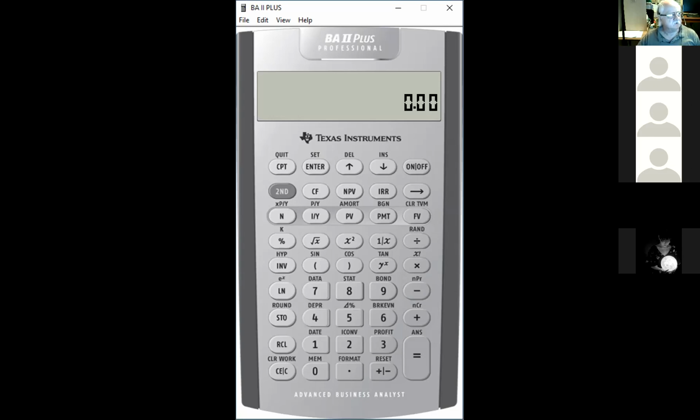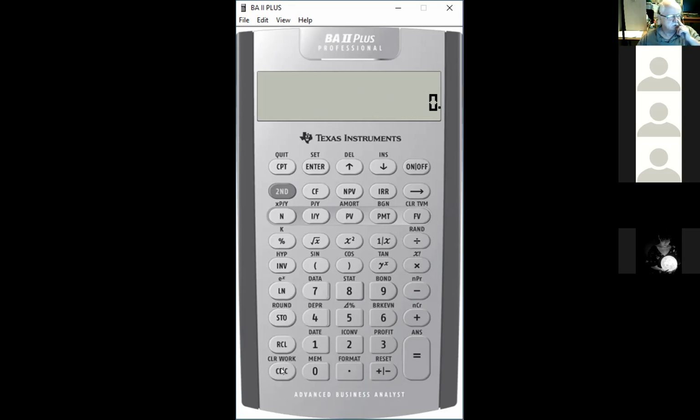So 12.53% divided by 12 because it's monthly. So let's store this in register 1 and let's change our decimals to 9 so we can see what we're doing. Format 9. So this is the periodic interest rate we're dealing with, but we've got it stored in register 1.